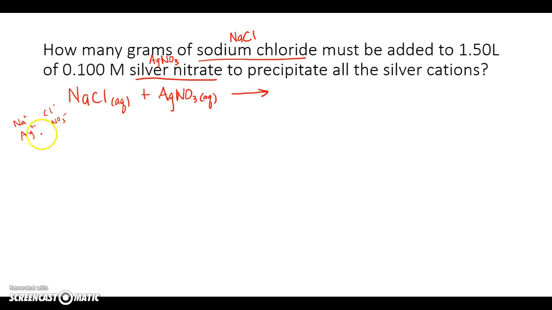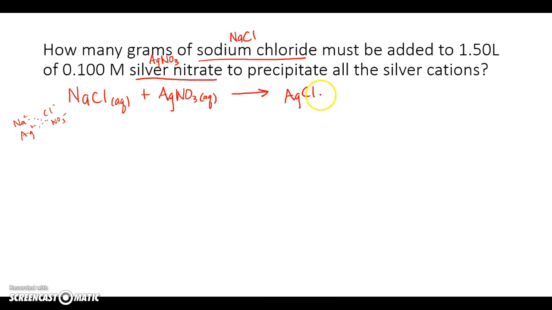So here I have my different anions and cations, and so now I'm going to have the AgCl combine and the NaNO3, and these look like they can all more or less be combined without adding any more cations or anions.